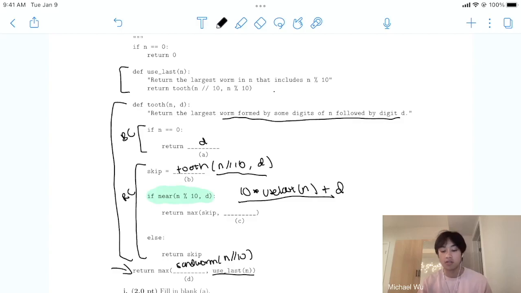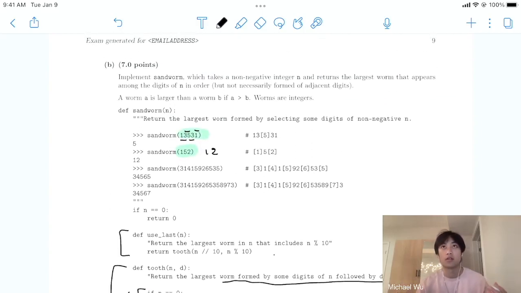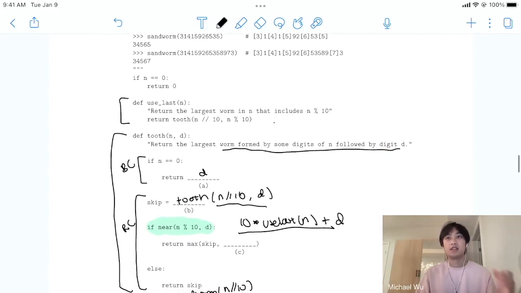Because it says in our original problem that we can form the largest worm out of any number of digits in order, where you can skip the first two digits, you can skip the last two digits, you can skip one digit in the middle, one digit at the end, like you can skip any combination of these digits, right? So why is it possible that just by splitting the cases up into skipping the last digit and not skipping the last digit, we take into account all of these possibilities?